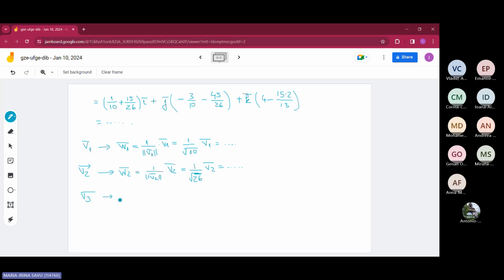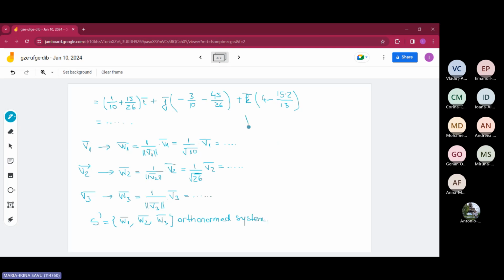For v3, you have to apply the same formula, computing the norm of v3 and v3. In the end, S prime, which consists of w1, w2, and w3, will be an orthonormal system.